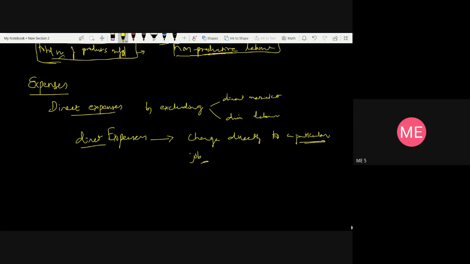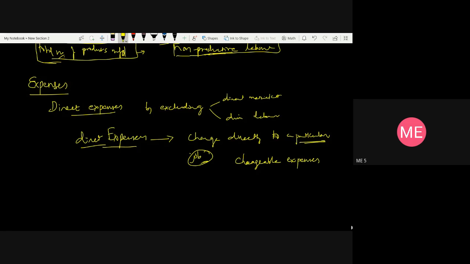How much expenditure is incurred to carry out a particular activity, that expenditure is called direct expenses or direct expenditure. Generally these direct expenses are charged directly to a particular product which is going to be manufactured. This is also known as chargeable expenses.